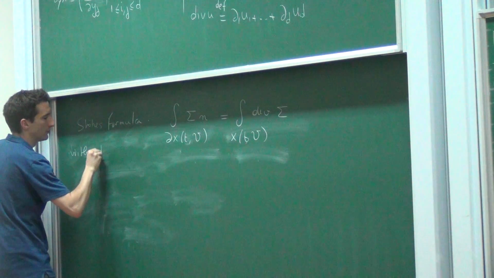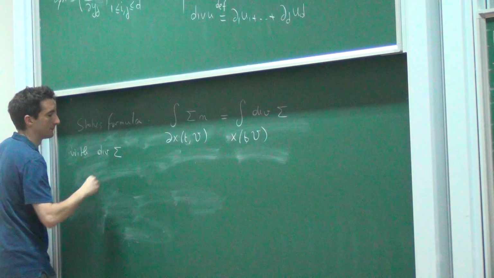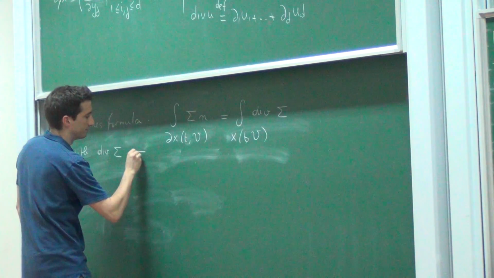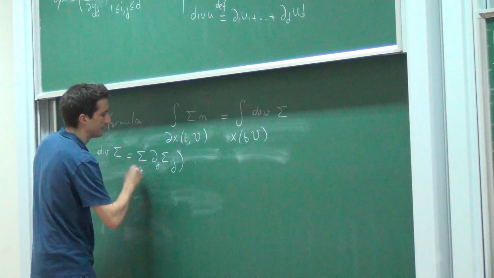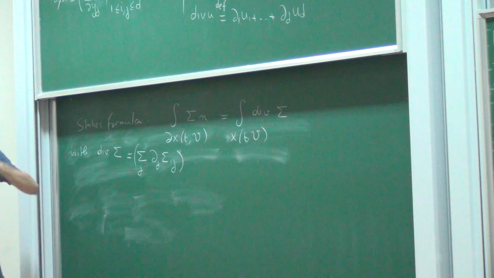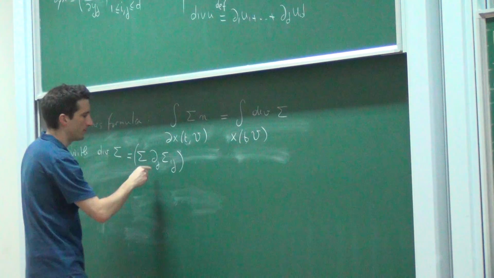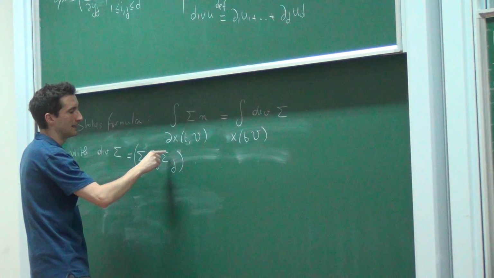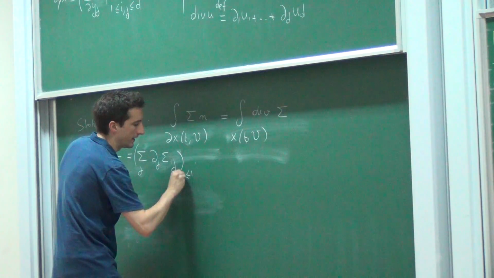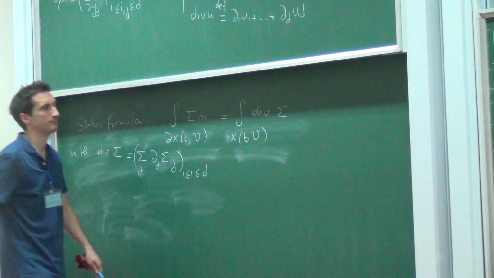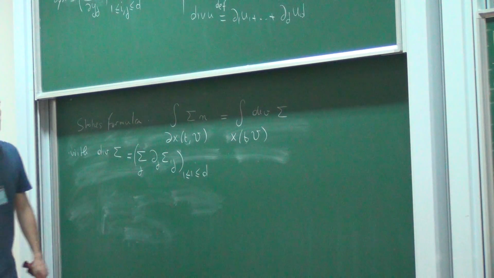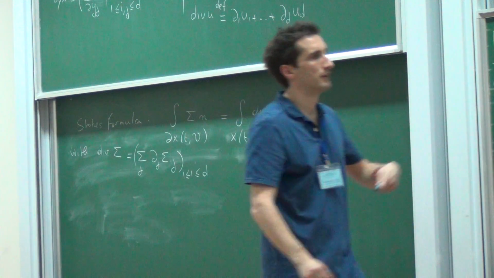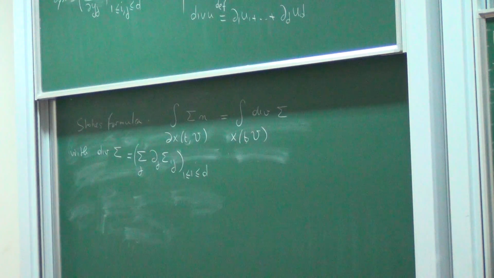And divergence of sigma, that's the divergence of the matrix, so that's a vector. So that's the sum over j of d_j sigma ij, i between 1 and d. So you have again a conservation expressed in integral form.